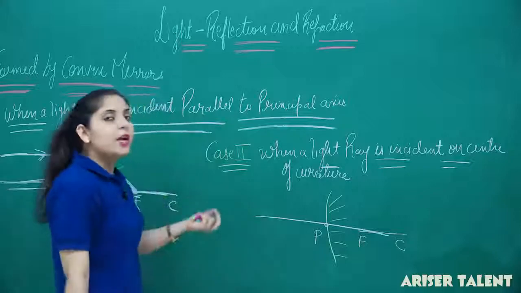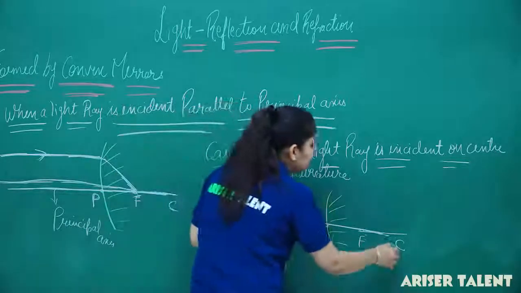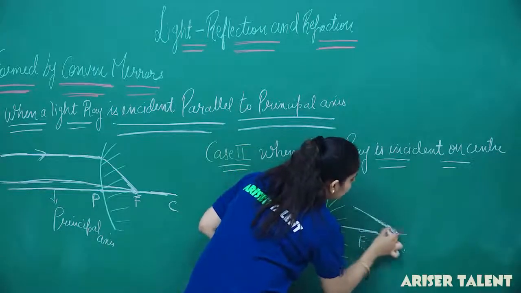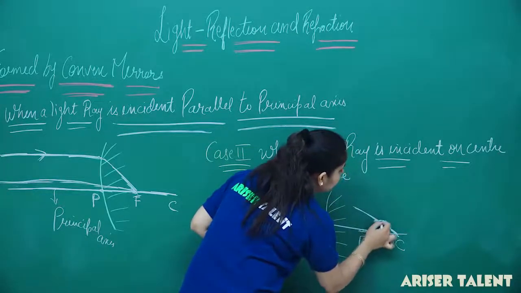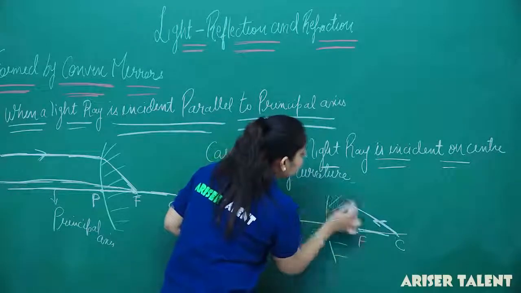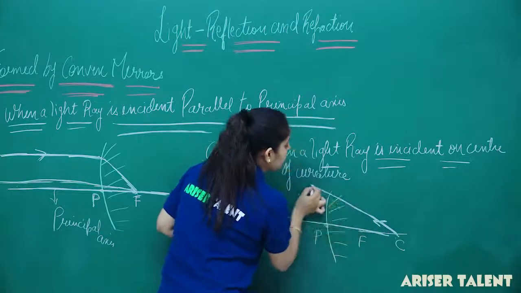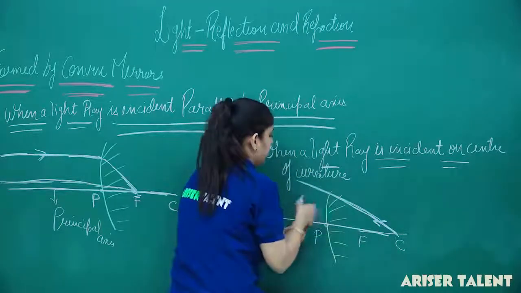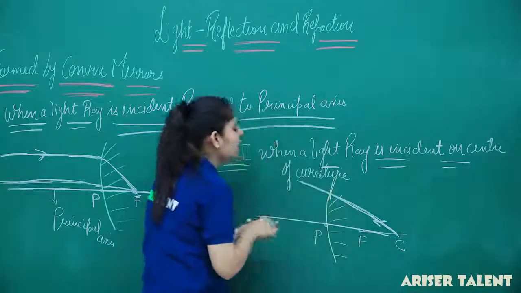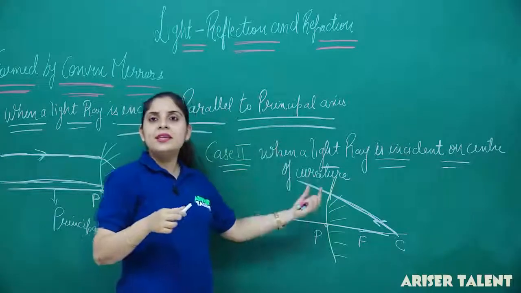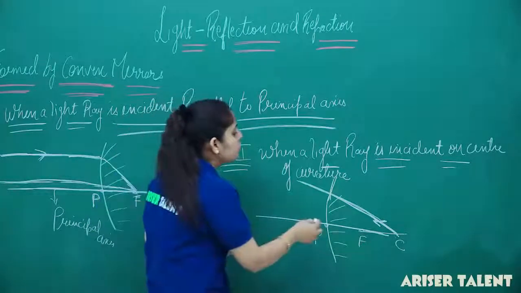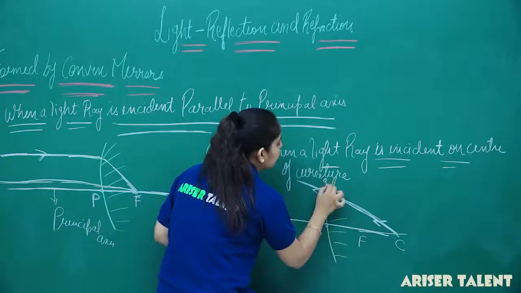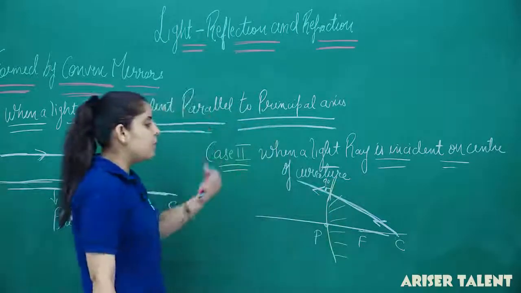Now, if a ray of light is incident towards the center of curvature, what will happen? It will form the image at 90 degrees, but it will be behind the mirror. So, it will reflect back here at an angle of 90 degrees. So, this is the case of the center of curvature.